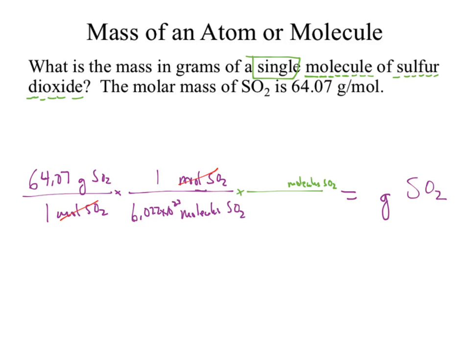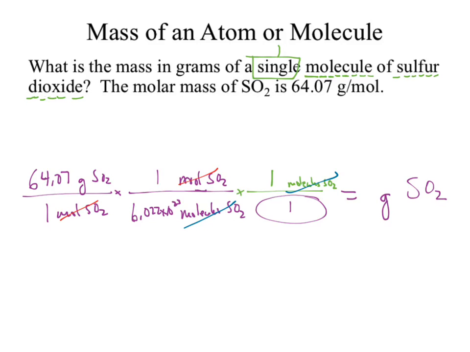What does single mean? No, your grammar's wrong. What happens? I get your answer. What goes in the denominator? 1. Anything other than 1, it's not a single molecule of SO2.